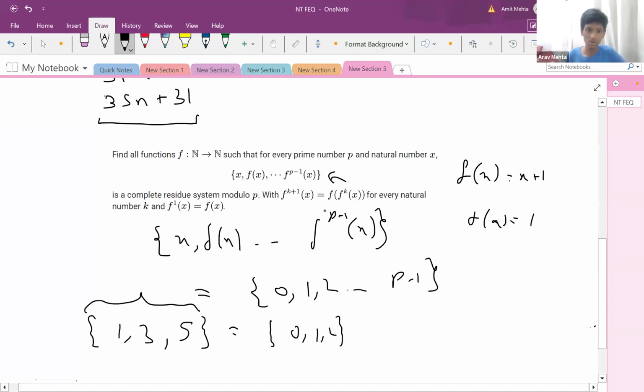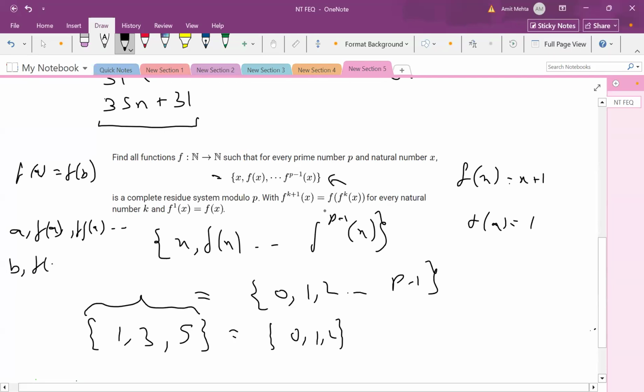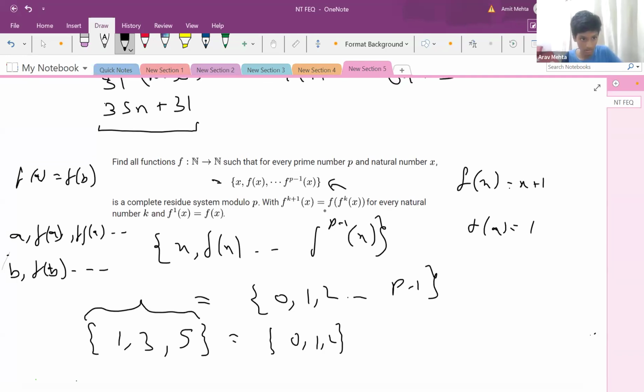And injectivity is really good, because suppose we have f of a equals f of b. Then if we put a in this sequence, it becomes a, f of a, f of f of a, and so on. And when you put b in this, you get b, f of b, and so on. These are congruent mod p for all primes.